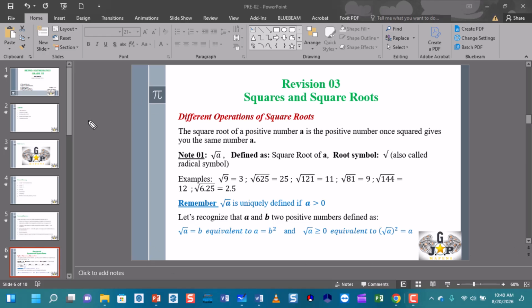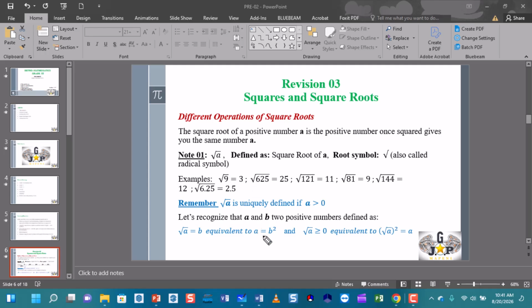Let's take just a very typical example. Say the square root of a equals b, meaning the example is right in front of you. For each square root, there will be a number b attached to it as a result.